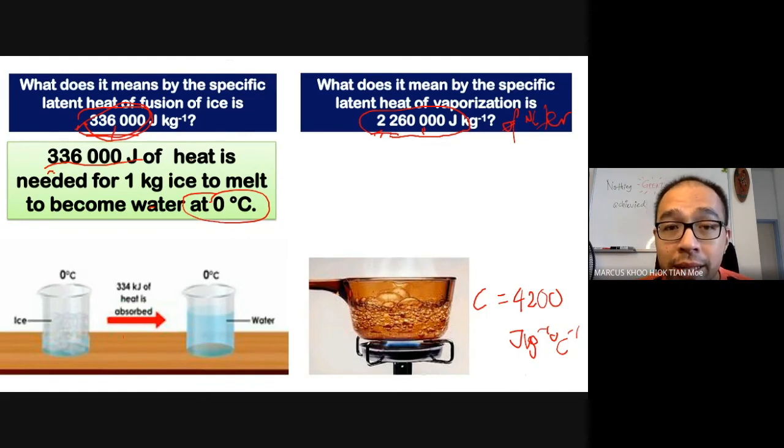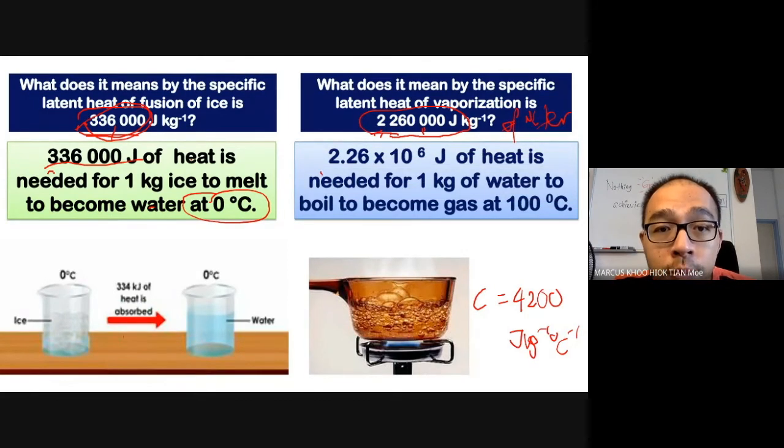Take a look at the latent heat of vaporization. You want to change 1 kilogram of water to boil, to become vapor. You need 2,260,000 joules of heat just to boil water at 100 degrees Celsius.